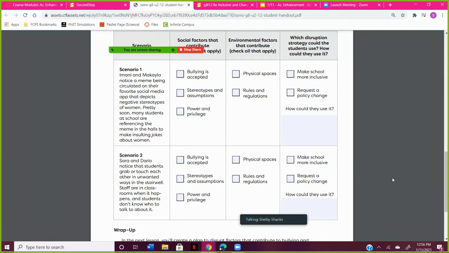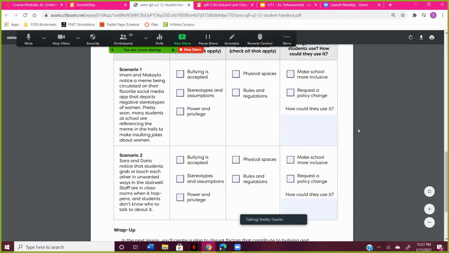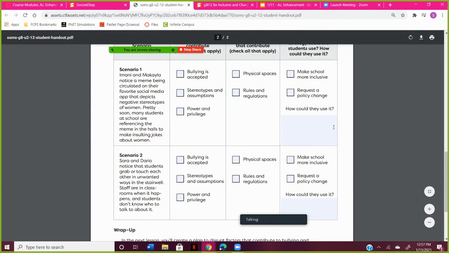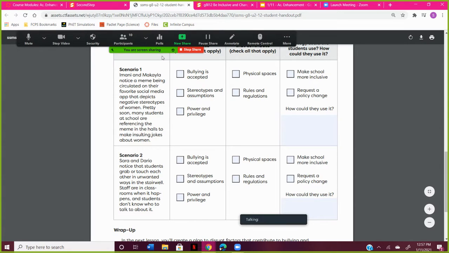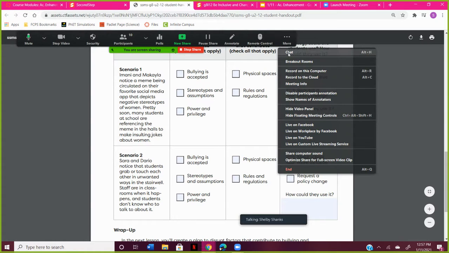Scenario 2 says Sarah and Dario notice that students grab or touch each other in unwanted ways in the stairwell. Staff are in classrooms when it happens and students don't know who to talk to about it. Okay? Which one do we want to pick? Y'all choose. We're only going to do one.